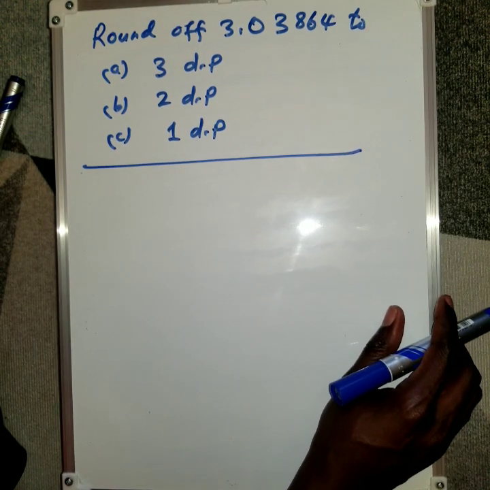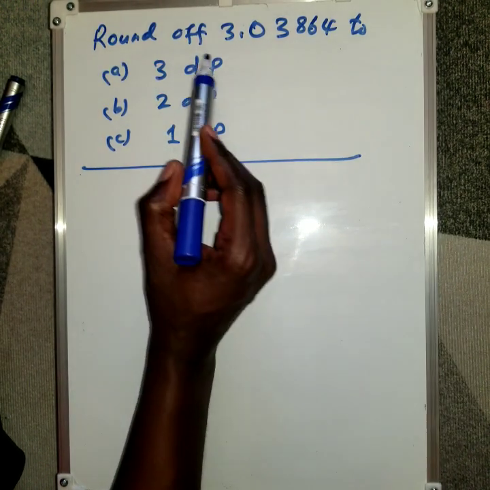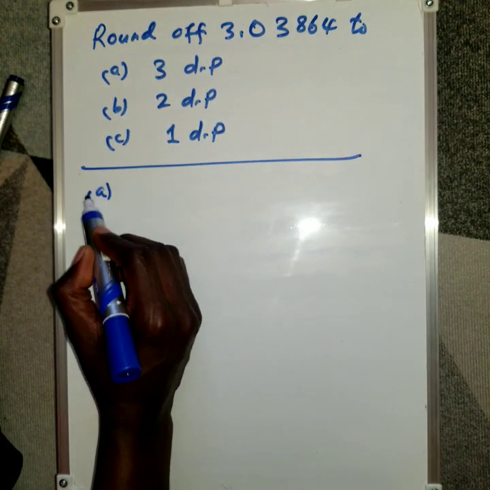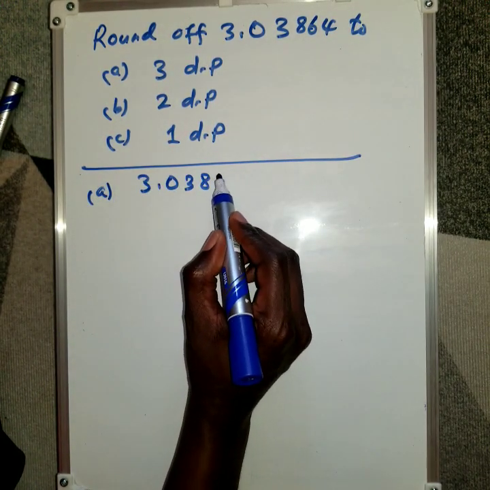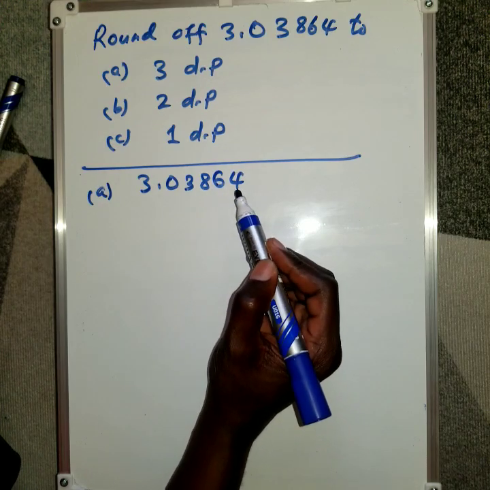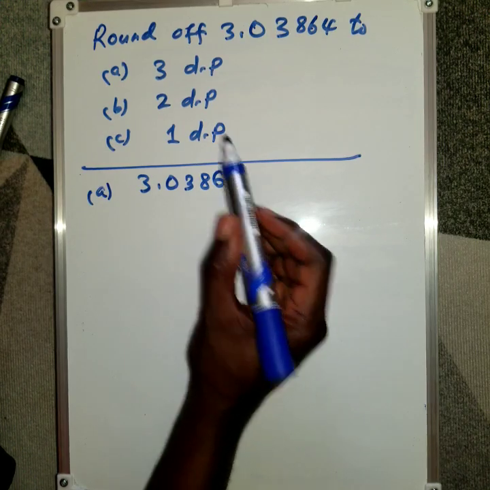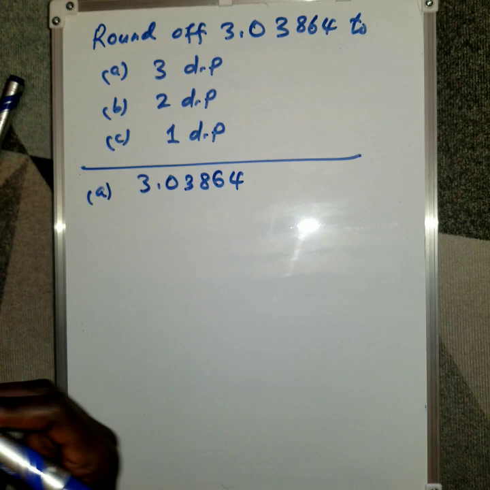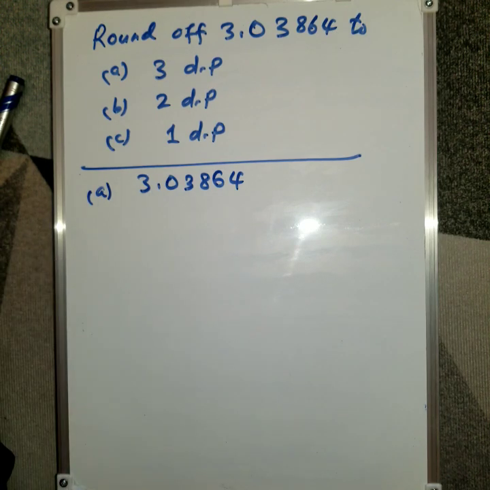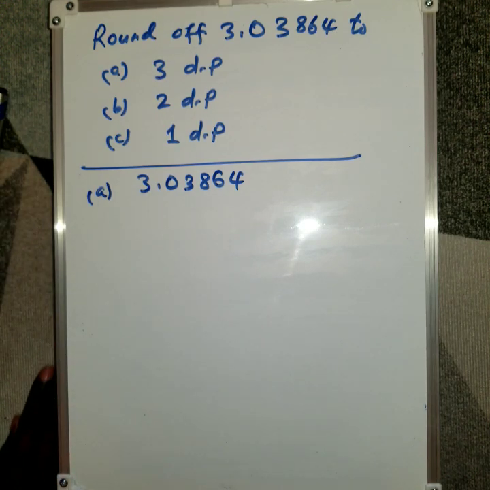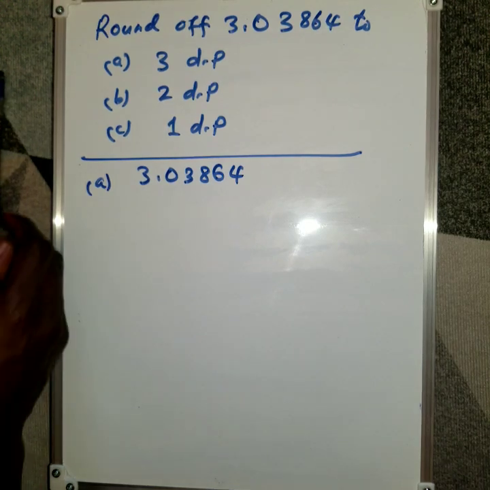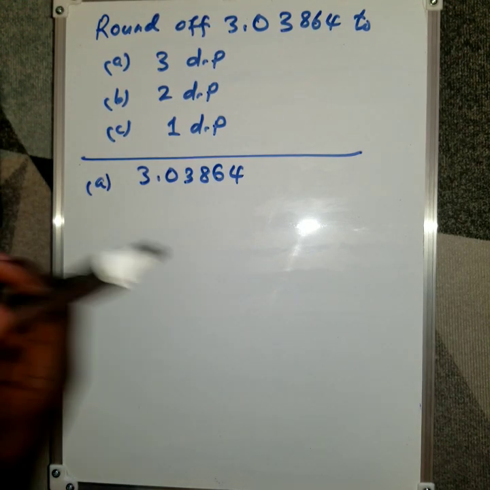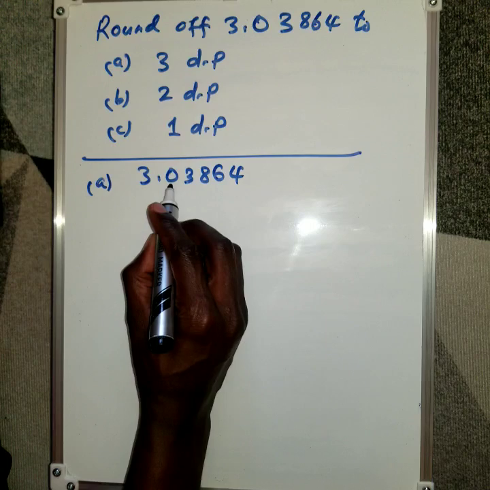So how do we round off? Well, it is very simple. They have given us the number 3.03864, and they want us to round off to 3 decimal places in the first place. So after the decimal point you are going to count 3.